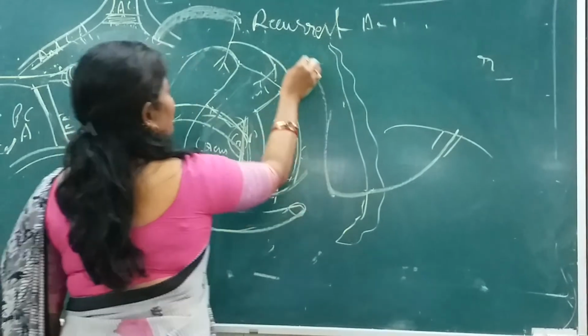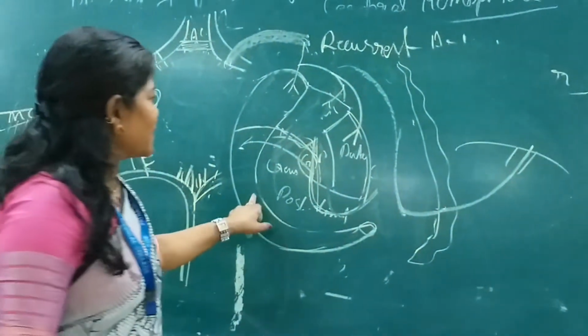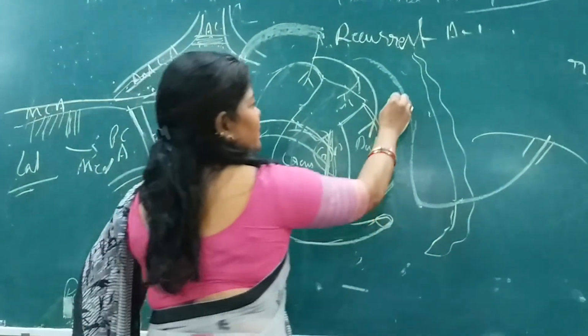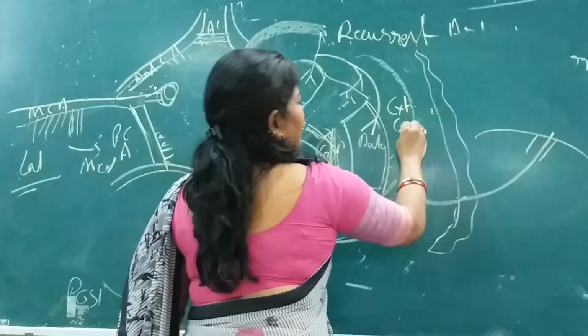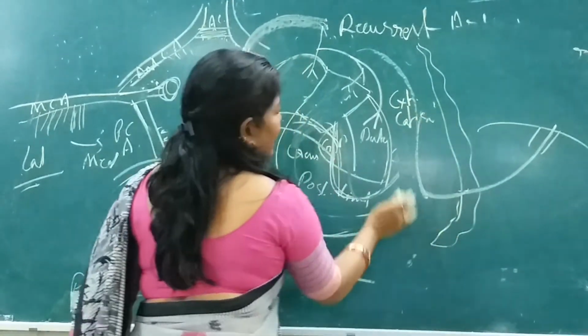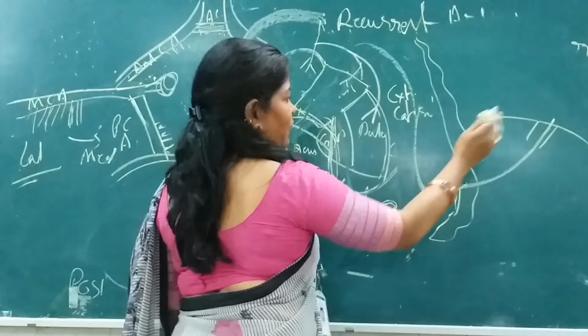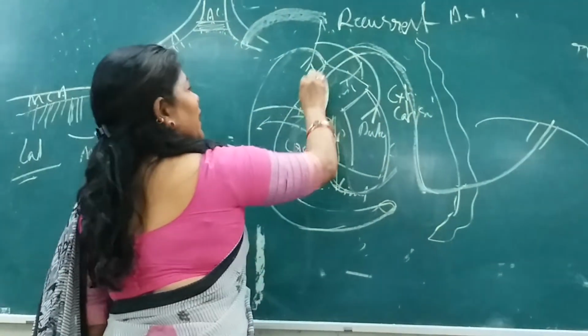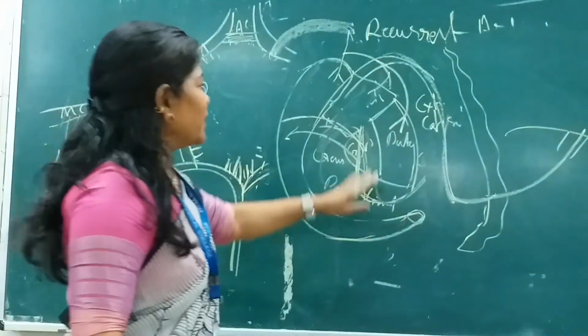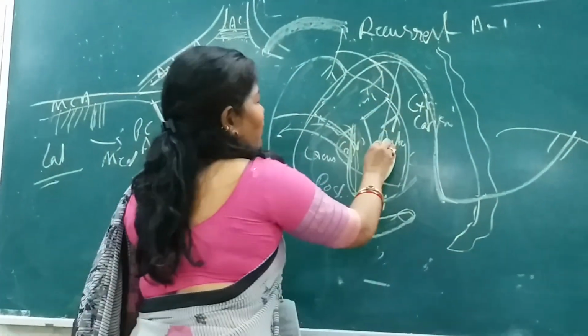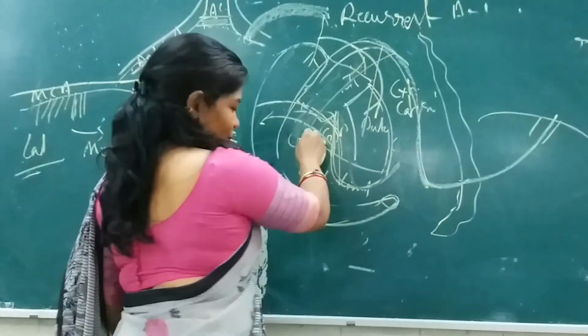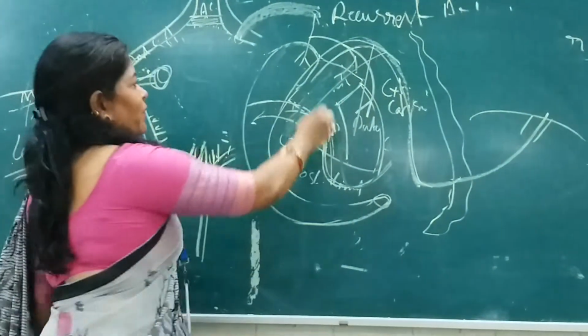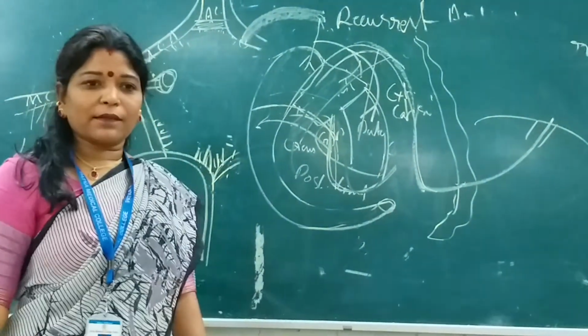Which structure will it run through? That is the external capsule. Externally, more towards the surface, and then it will bend medially to supply all these structures, whether it is the lentiform nucleus, the internal capsule, or the caudate nucleus.